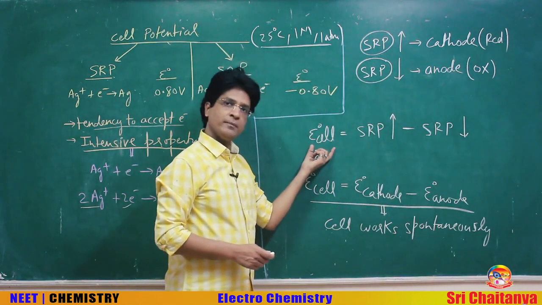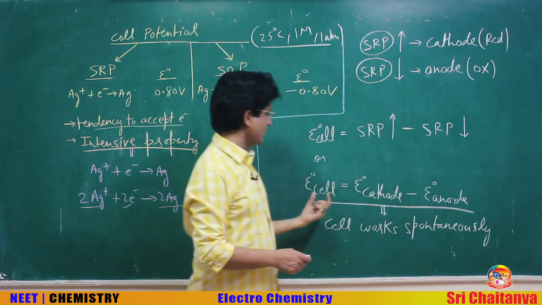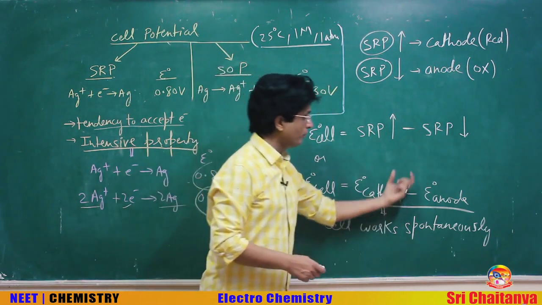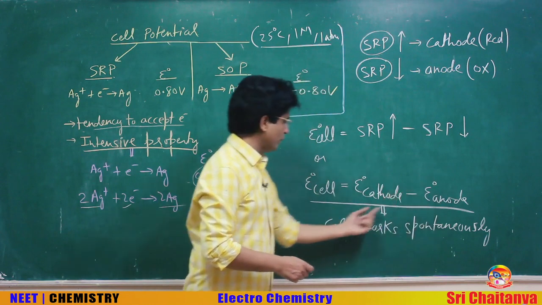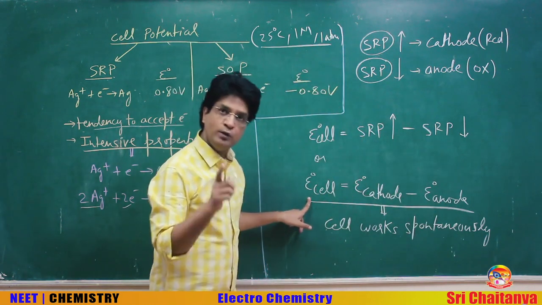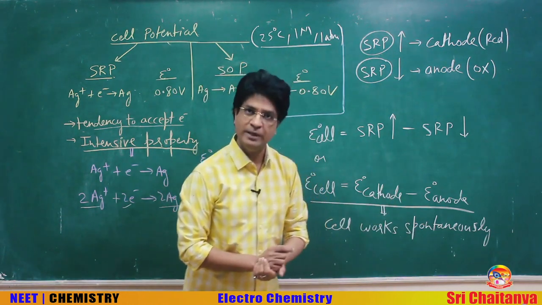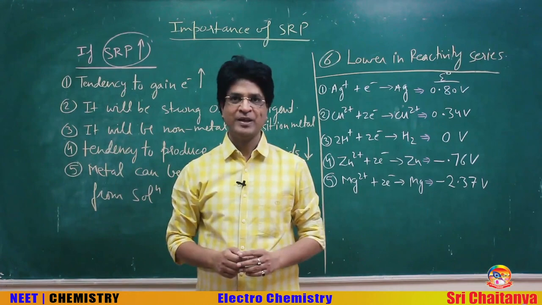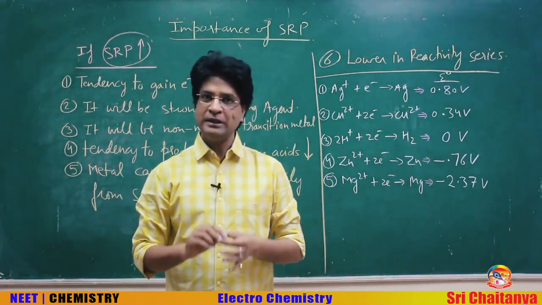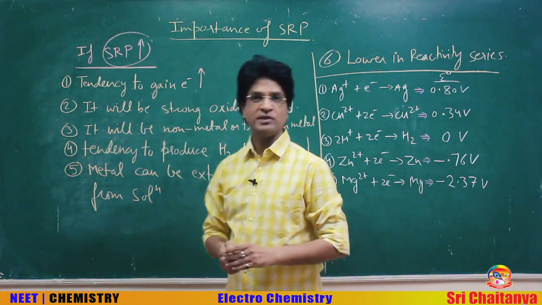Now E naught cell is given as SRP higher minus SRP lower, or you can say E naught cell is E naught cathode minus E naught anode. If you are doing this type of calculation, you will always get E naught value as positive. If E naught value is positive, your cell will be working spontaneously because delta G will be negative. Is that clear?